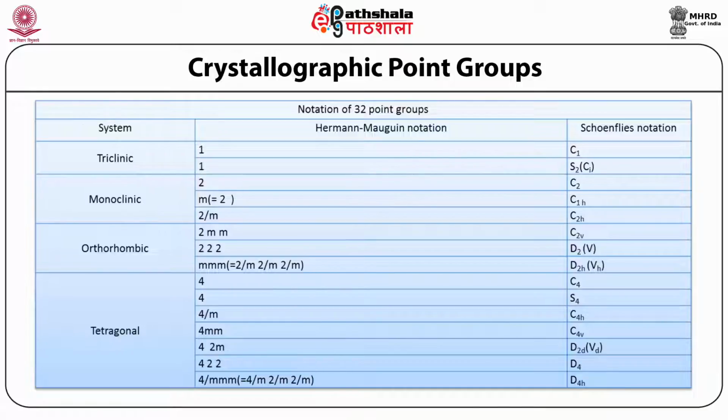Then the other HM notation is 422. In Schoenflies notation, it is capital D subscript 4. Then the last one is 4 by mmm, which is equivalent to 4 by m, 2 by m, 2 by m. Corresponding to this, the Schoenflies notation is capital D subscript 4h.